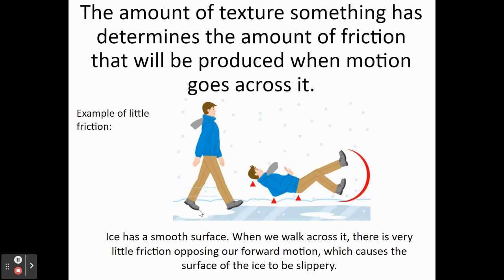So when our foot goes across the ground, there's not much friction coming against the foot on the ground, which causes the surface of the ice to be slippery and the man to fall, because there's not enough friction to oppose his forward motion. So he goes slipping and sliding. The motion just carries him completely forward off of the ground. It's too much motion.